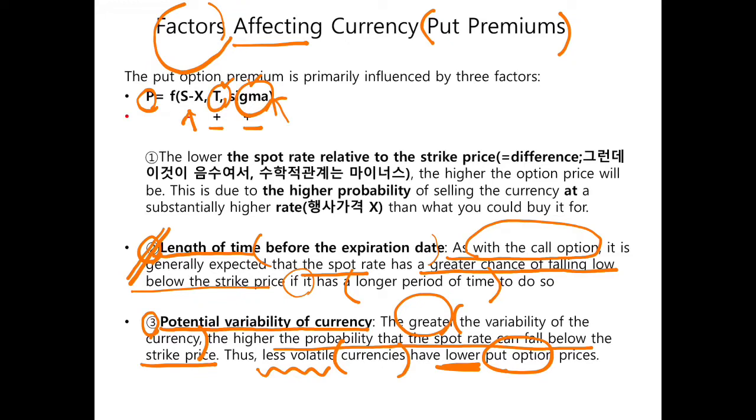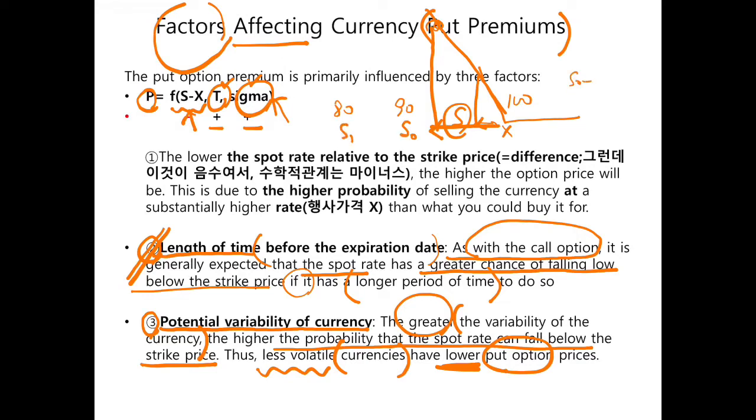Now let me go to S minus X. It means the gap between the exercise price and the spot price, right? As you can see, as S falls below X and the magnitude becomes greater, the payoff function shows a higher level, right? Let's say X is 100, and S is 90 or 80. So let's say this is S0, this is S1.